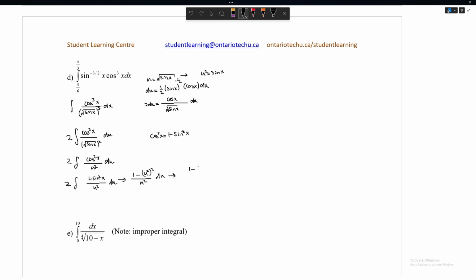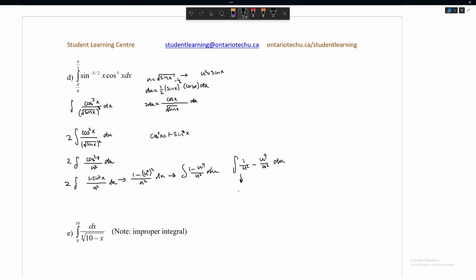Now what can I do here? Let me rewrite this. Okay, now integrating this, what I will get is 1 over u squared. I'm not going to integrate it yet. I'm just going to split it. Minus u^4 over u squared du. I just split it apart. And so I can now integrate the first part.